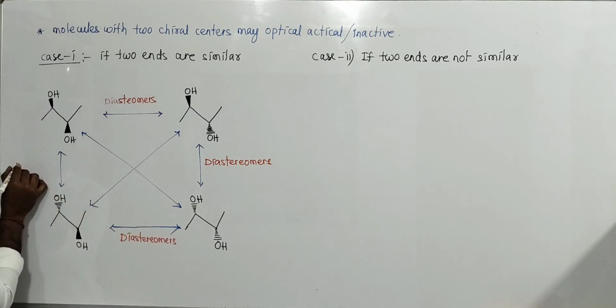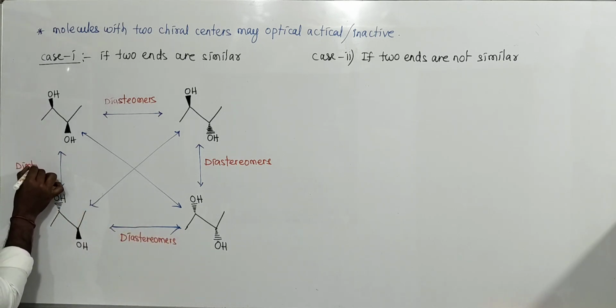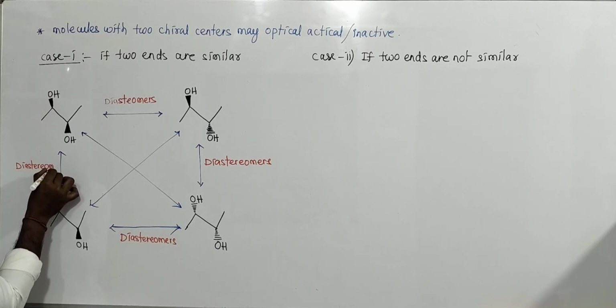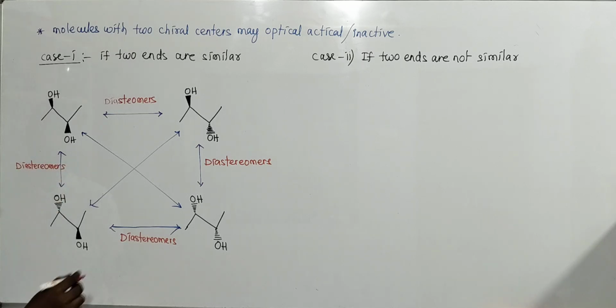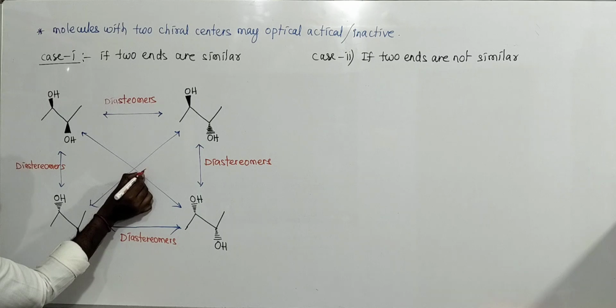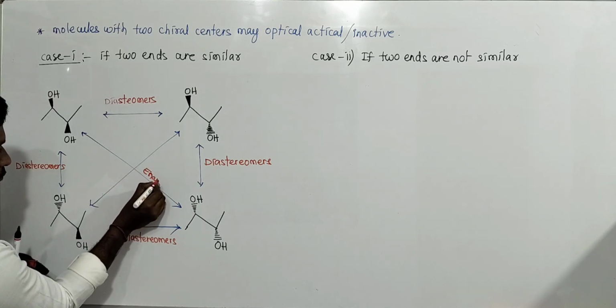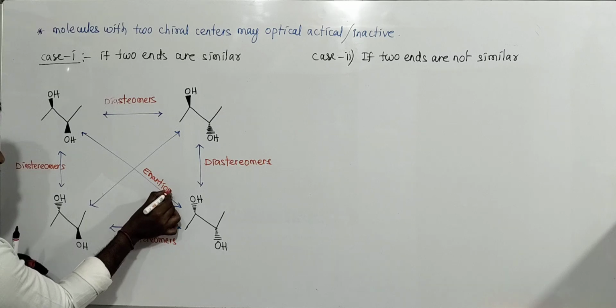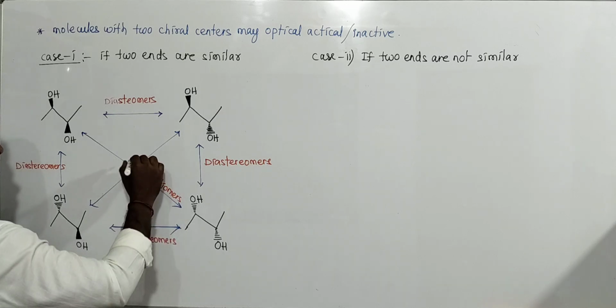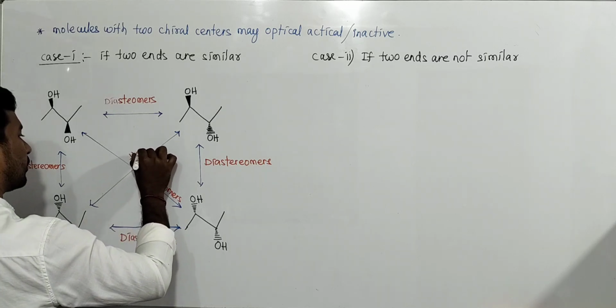These two are diastereomers. These two are enantiomers. These two are homomers.